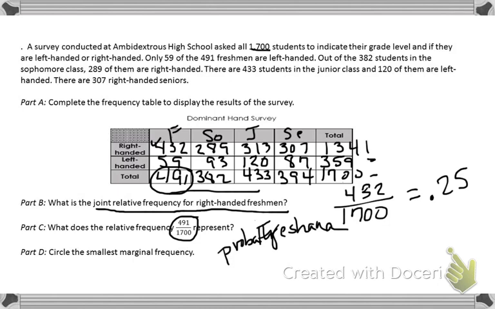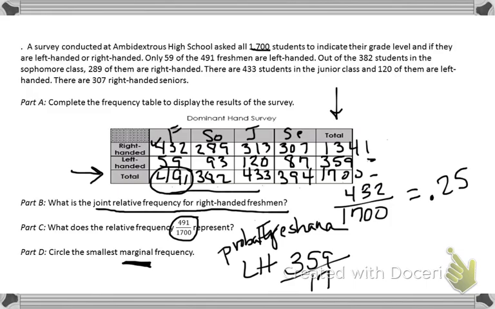Next, it says circle the smallest marginal frequency. So let's look in the margin. And really what I'm looking for is the smallest number. I have 491, 382, 433, and 394. I also have 1,341 and 359. So the smallest number is 359, for left-handed.